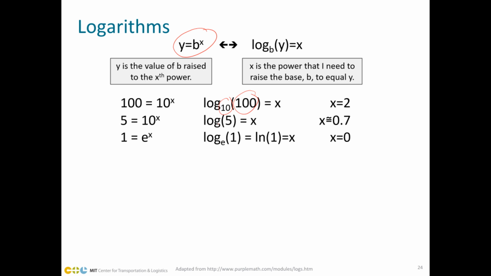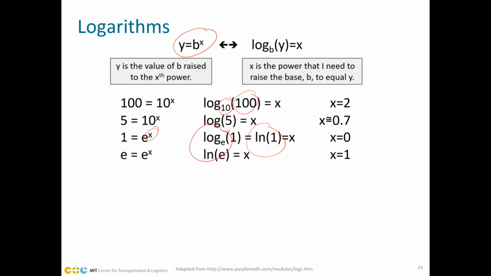Now you'll see, instead of seeing this log e, you'll always see it this way, ln, natural log. So if you ever see ln and a number in parentheses, that means you're taking the natural log of it. And the ln of, or natural log of 1 is equal to 0, because that's the only value of x that would give me an e to the x equal to 1.